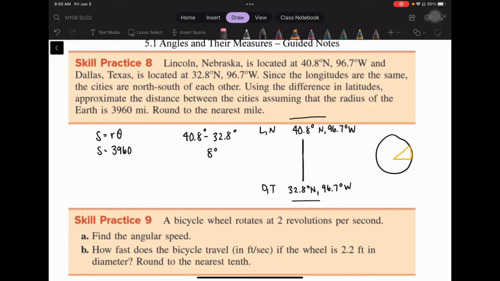But I need to convert that into radians, so we're going to multiply that by pi over 180 degrees. 4 goes into 8 twice. 4 goes into 180 degrees 45 times. So that's going to convert to 2 pi over 45. Multiplying this out, we get about 552.9, or rounding to the nearest mile, 553 miles when you take 3,960 times 2 pi over 45.